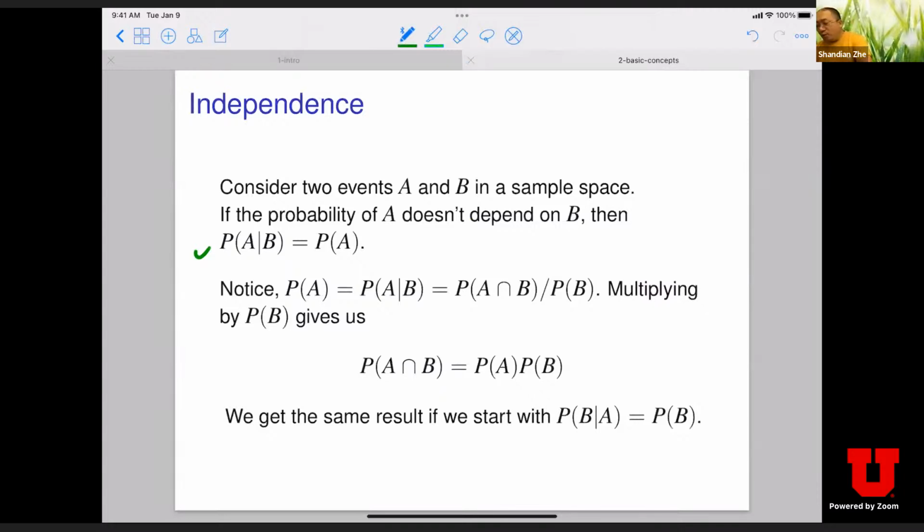But this can also be easily shown from the original definition. So similarly, if the conditional probability of B given A is exactly the same as the marginal probability of B, then A and B are independent.